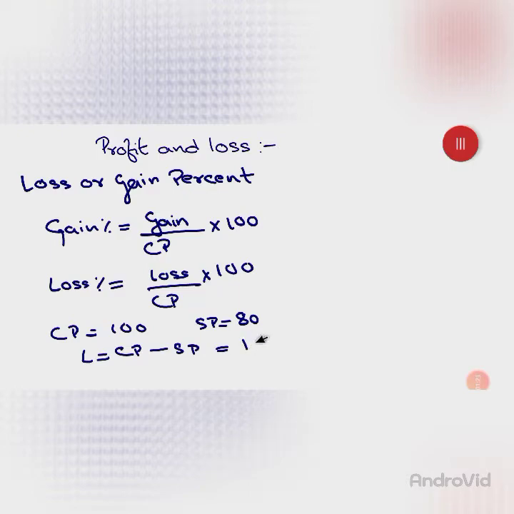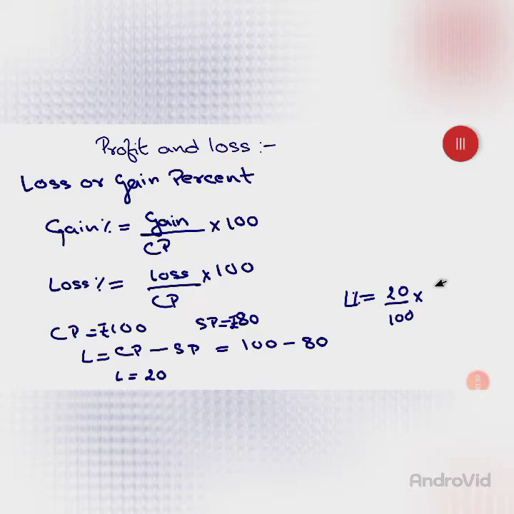Therefore our cost price is 100, our selling price is 80, therefore loss is 20. Okay, so loss is rupees 20. Now we find the loss percent, that will be 20 by 100 into 100. Therefore the loss percent will be 20%.